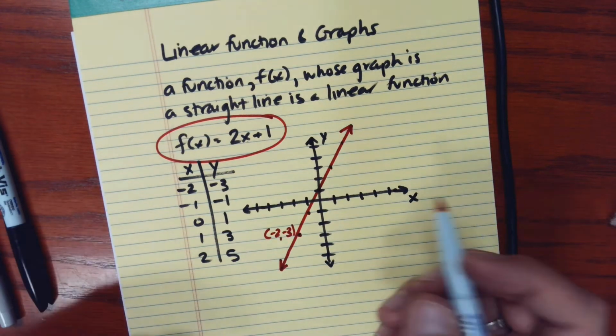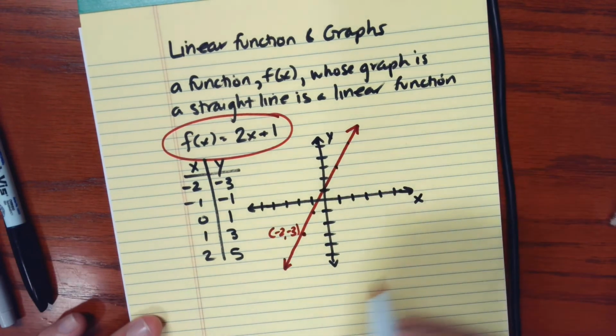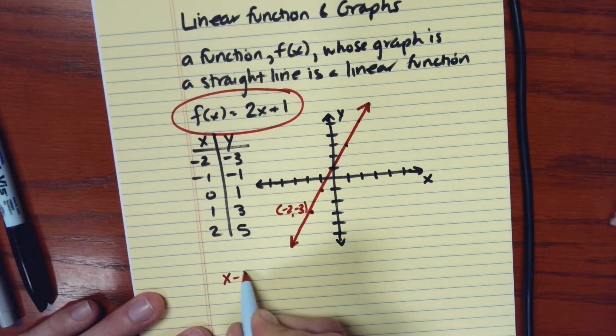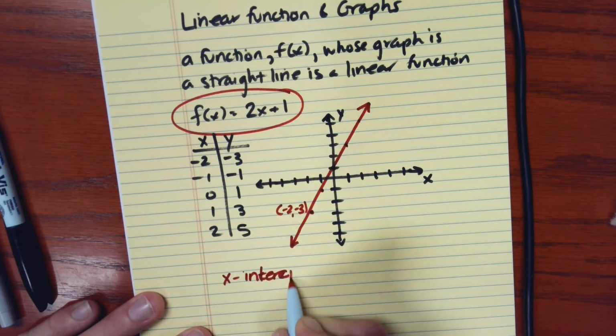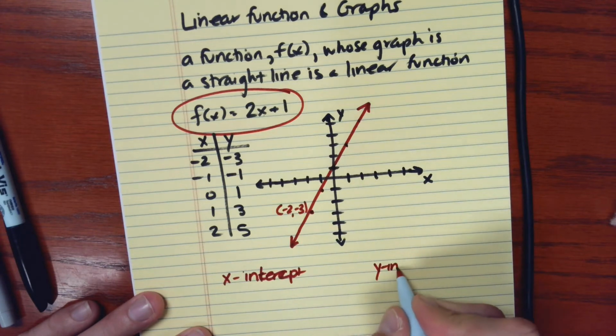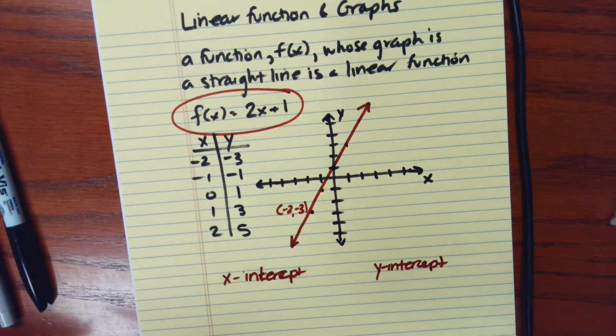Some characteristics of a linear function that might be of interest, well, this is not just of linear functions, but are the intercepts. So you may have an x-intercept and/or a y-intercept. The x-intercept is where your graph crosses the x-axis.